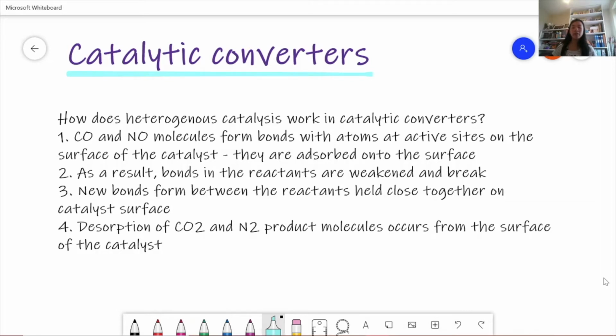As a result, bonds in the reactants are weakened and they break, and new bonds form between the reactants held close together on the catalyst surface. After they react, desorption occurs, where the carbon dioxide and nitrogen product molecules are removed from the surface of the catalyst.